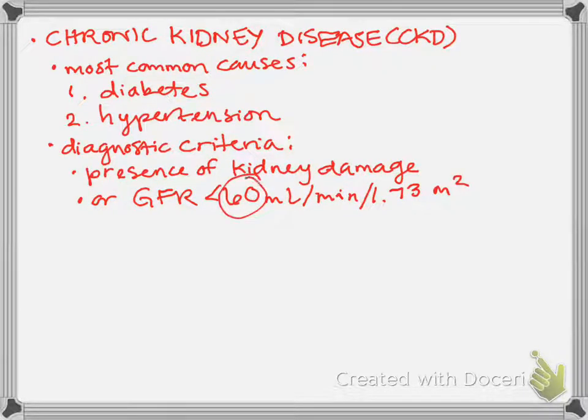This is the number you really need to look at, is GFR less than 60 for longer than 3 months. So this isn't something that just happens overnight. This is a progressive, irreversible loss of kidney function.